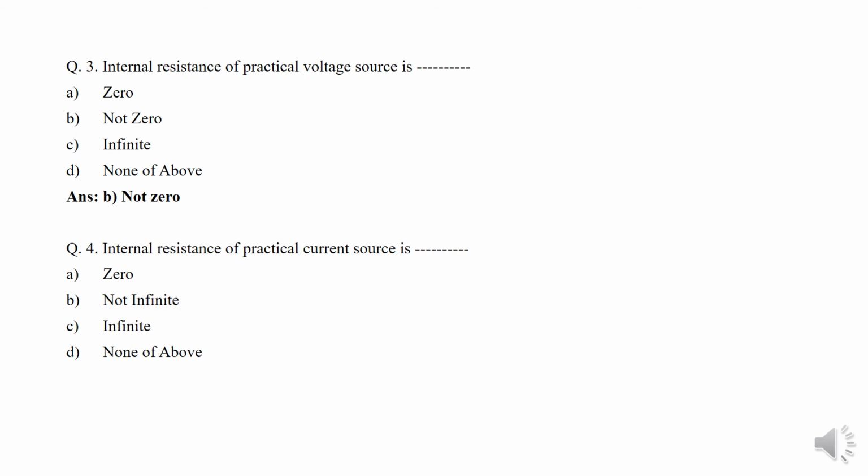Next question, the internal resistance of a practical voltage source, yes, very true, it is not 0, since it is a practical source, so resistance will be there. Last question, the internal resistance of a practical current source is, yes, again it's not infinite, it has some value.